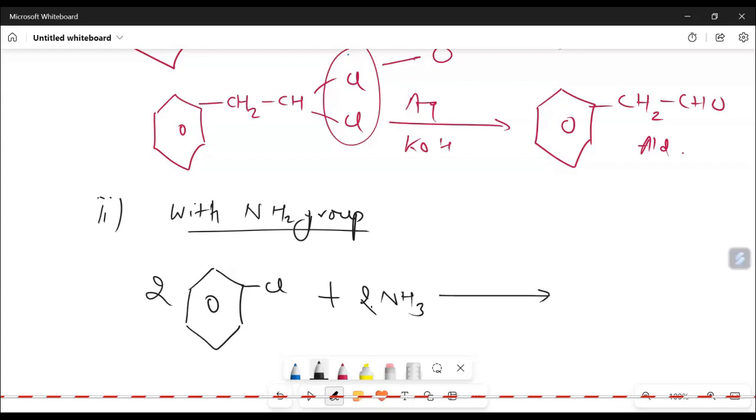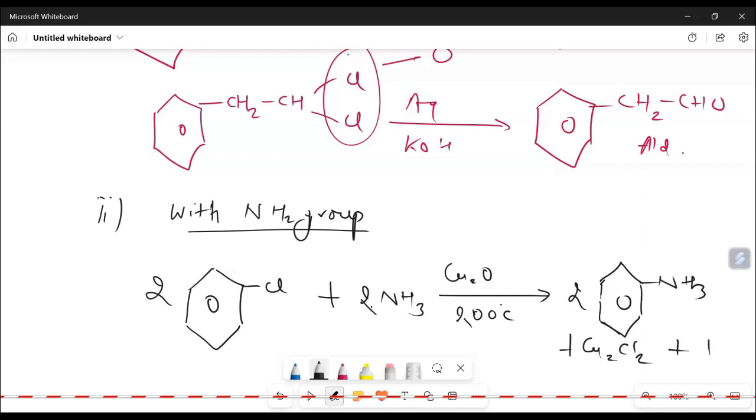In the presence of Cu2O at 200 degrees Celsius, it will form two moles of NH3 plus Cu2Cl2 plus H2O.